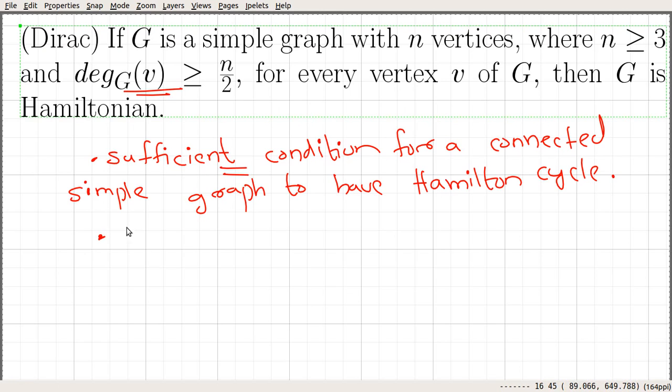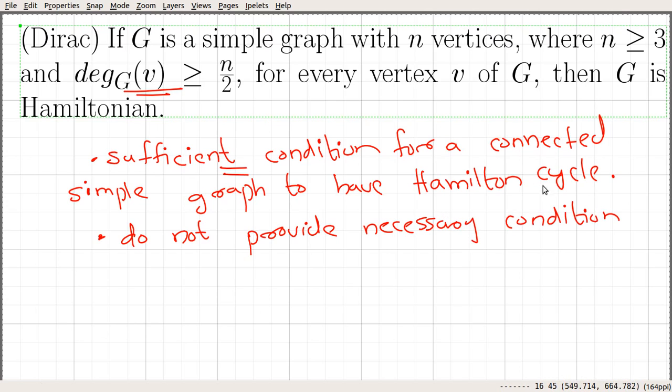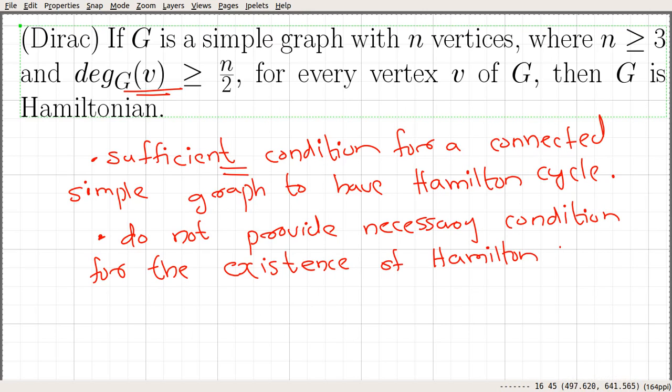It does not provide a necessary condition for the existence of a Hamilton cycle in a graph.